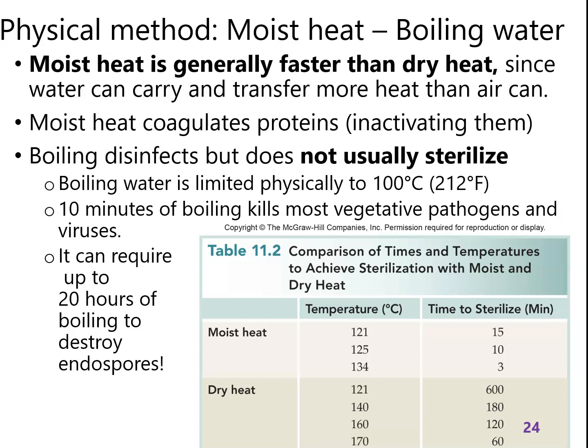And that's just because boiling water is limited to 100 degrees Celsius. At sea level, or anything close to sea level, it's around 100 degrees Celsius, and it literally cannot get hotter than that. And so at that temperature, it just takes a long time to inactivate endospores. But vegetative cells are easily destroyed by those temperatures.